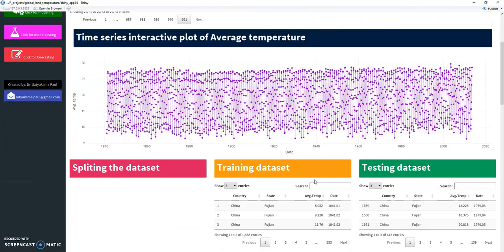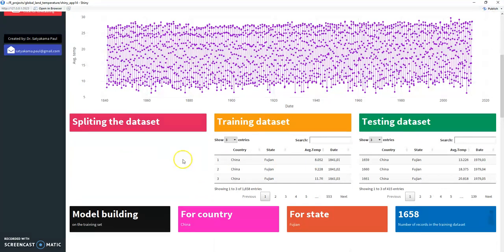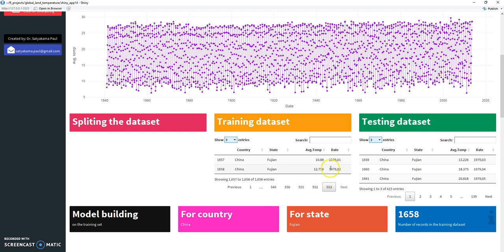Next, look at how I have split the data. The data is split 80-20. As we have seen, the first recorded observation is on 1st of January 1841, and our training set would end at 1979 on the second month, that is February. So that is 1658 entries, and the rest 20% of the data set is the test set.